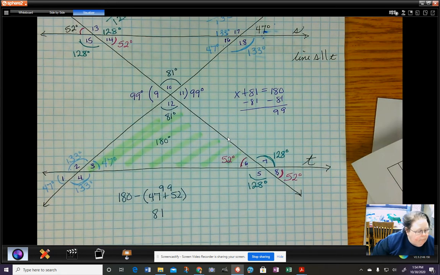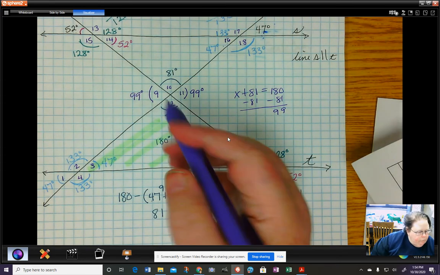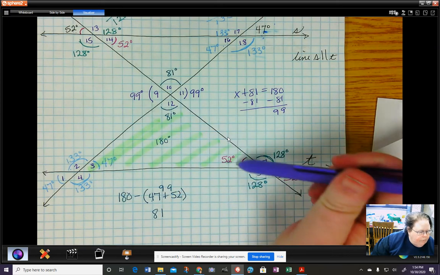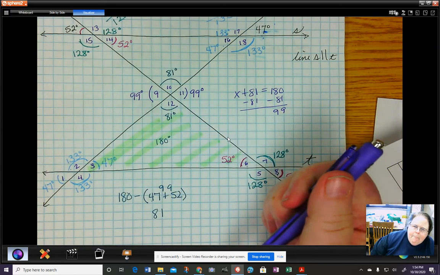Okay. Did we accomplish our task? Did we find every angle? Sure. Do the insides of the triangles add up to 180?